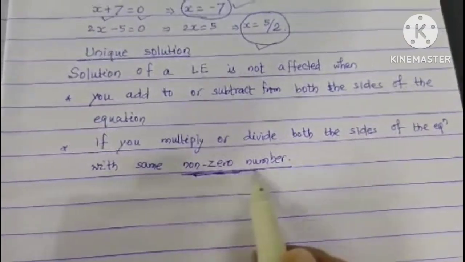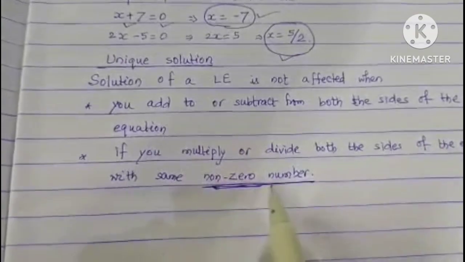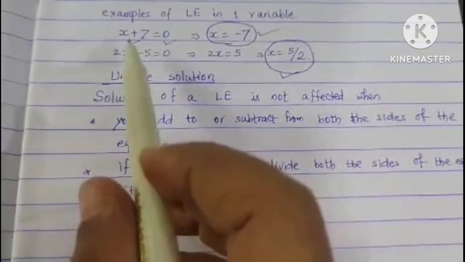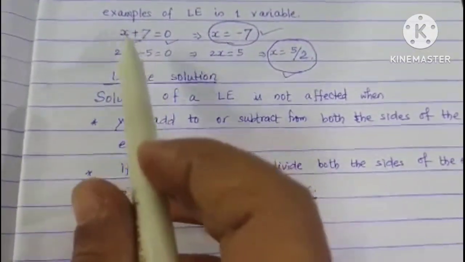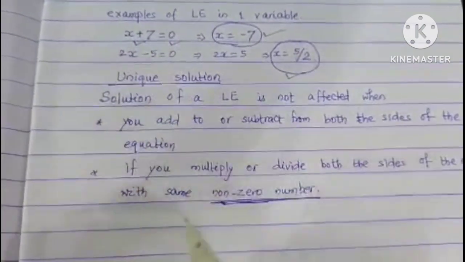I am underlining this non-zero number, because if you multiply or divide with 0, it will be of no meaning. So non-zero number. Suppose in this equation, if you multiply by 5 both sides, or multiply by 10, it will not be affected, and anywhere in any equation.